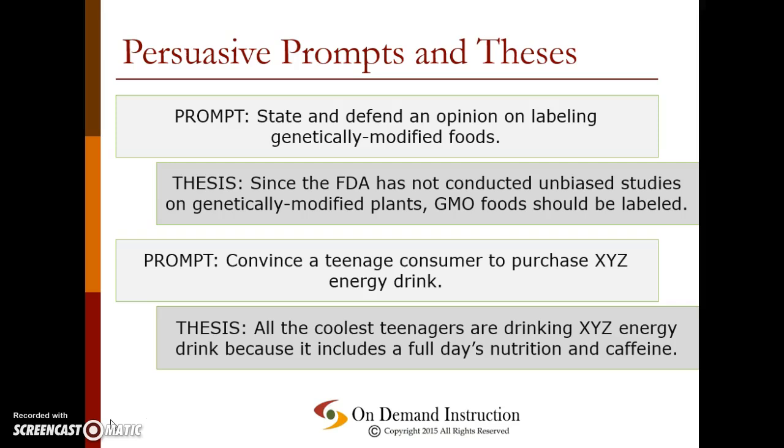So we've got a couple of prompts here and then thesis statements that would go with those. Our first prompt: state and defend an opinion on labeling genetically modified foods. So we know that this is persuasive. We know that this is expecting a pretty hard-hitting thesis statement. Our thesis is, since the FDA has not conducted unbiased studies on genetically modified plants, GMO foods should be labeled.